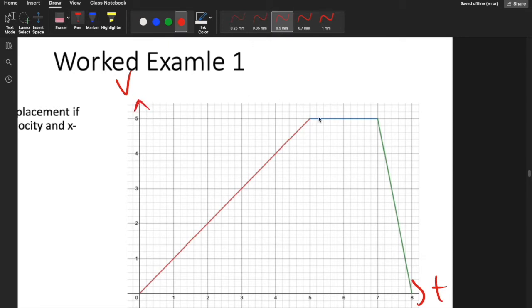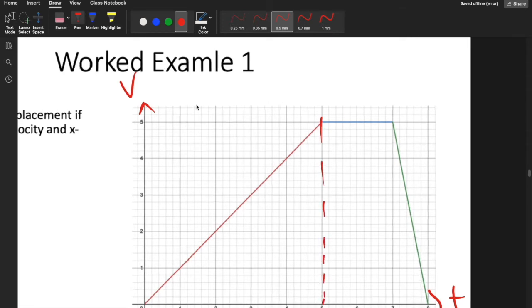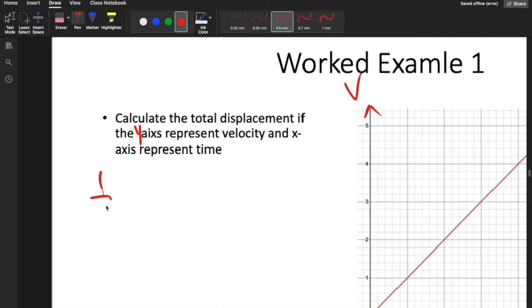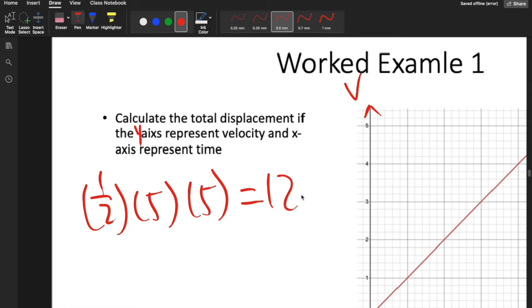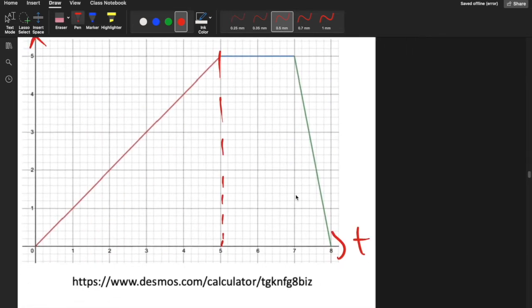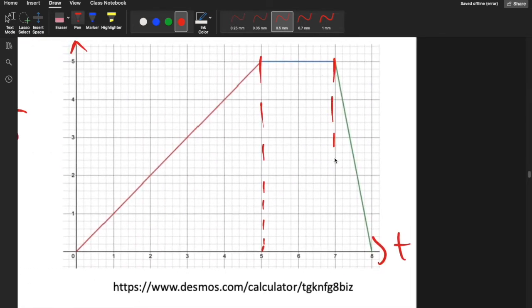This problem is very straightforward. To calculate the total displacement, you just need to calculate the area. So let me calculate the triangle first. The triangle will be half times 5 times 5, which is equal to 12.5. And I will calculate the rectangle here.